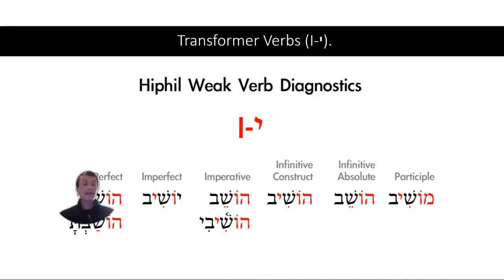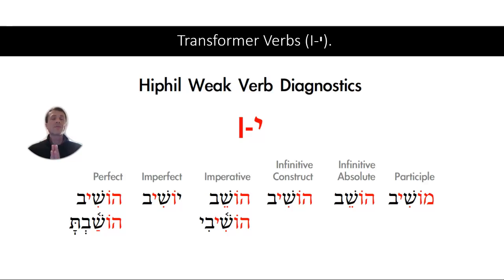Now we're actually not going to cover a new verbal pattern in this lecture. Instead, we're going to look at how to identify the roots and some issues with some weak verbs. So there are what are called transformer verbs, and that's first yod verbs, particularly in the hifil stem.